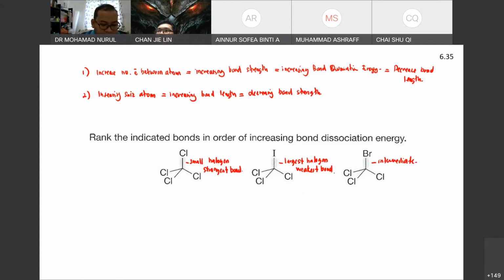So, bond strength. From these observations, you can arrange by yourself. Takkan nak buat semua kan? Ada bagi dah. Okay? So, next question.